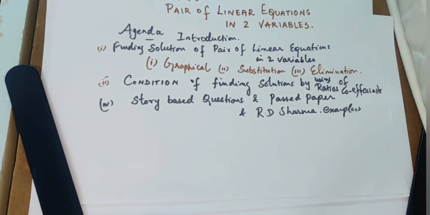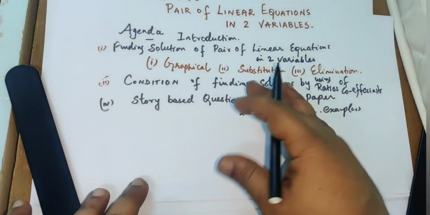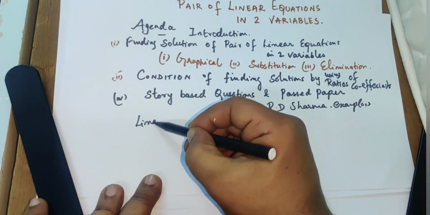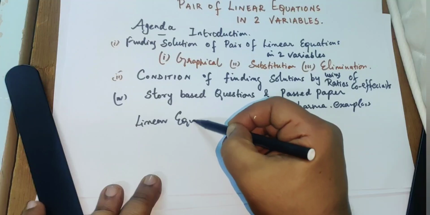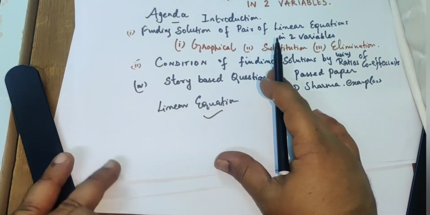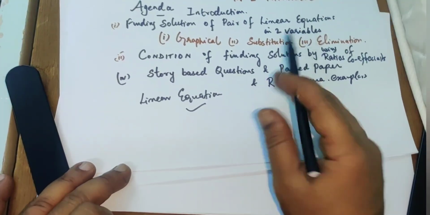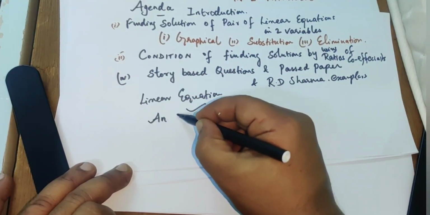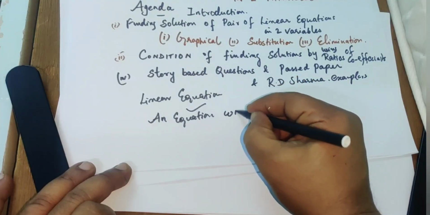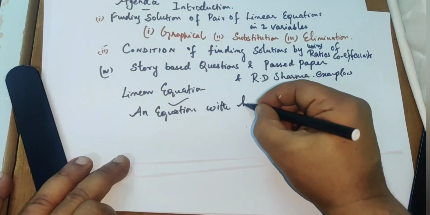So now we are going to be starting the first concept. What is basically a linear equation? Linear equation, we know that, right? Introduction, what is a linear equation? An equation with the highest degree of the variable is 1.